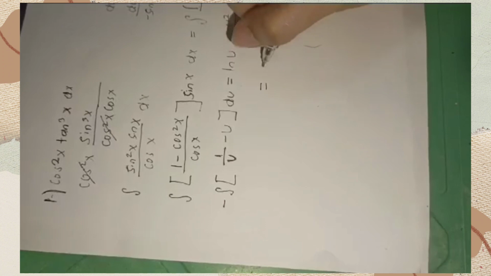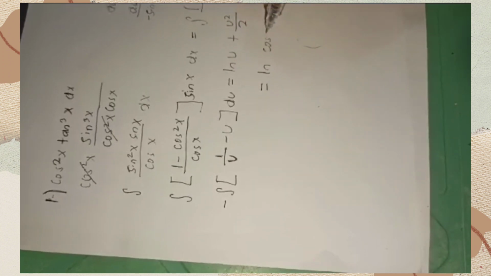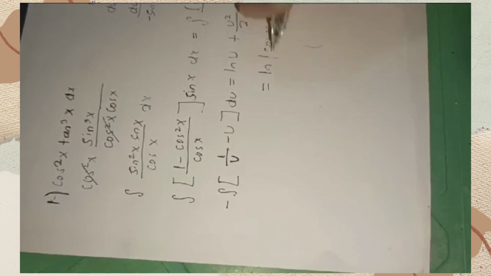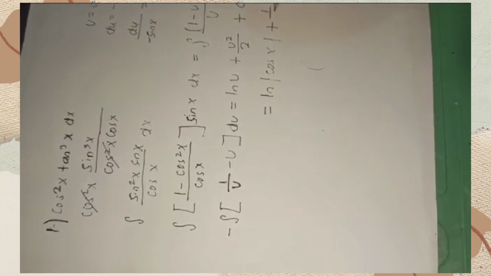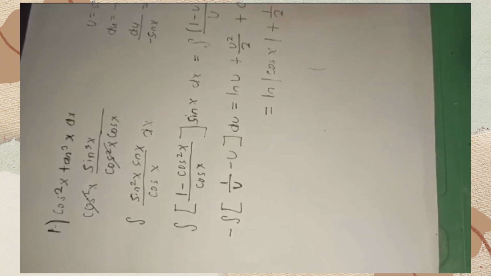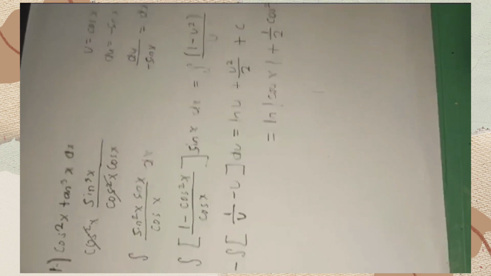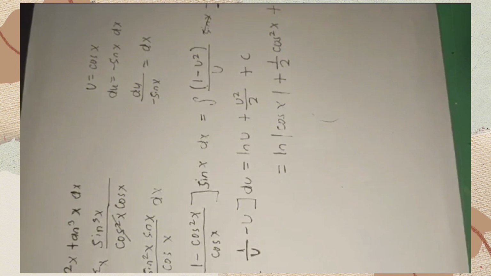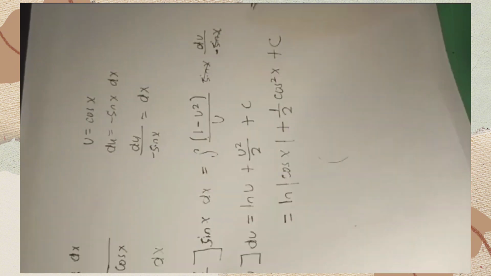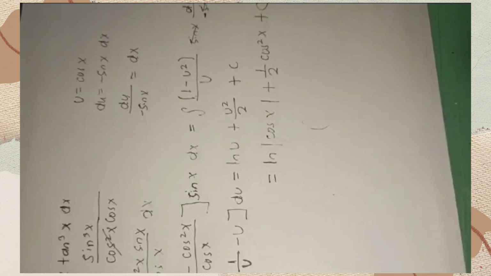So it is equal to ln of the value of u, which is cosine x, plus 1/2 cosine squared x plus c. And this will be our final answer for cosine squared x tan cube x dx: ln cosine x plus 1/2 cosine squared x plus c.